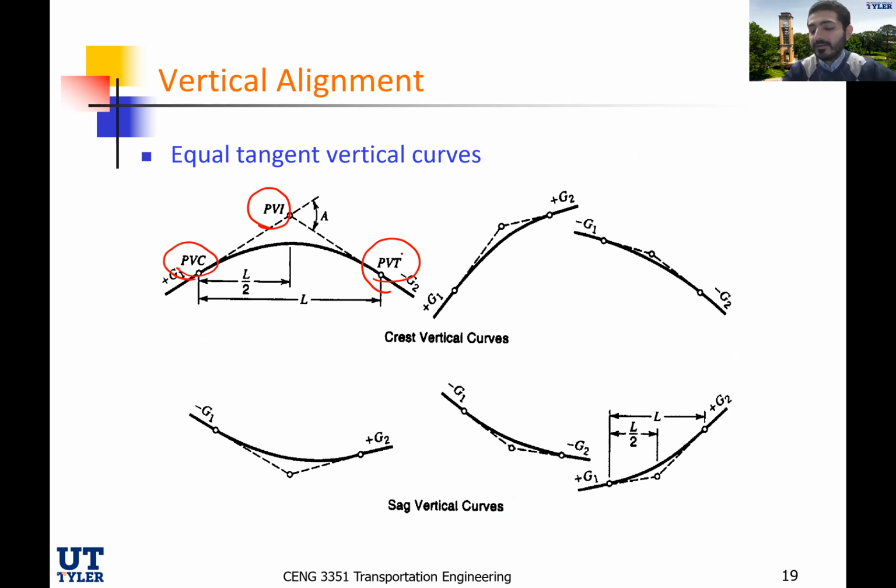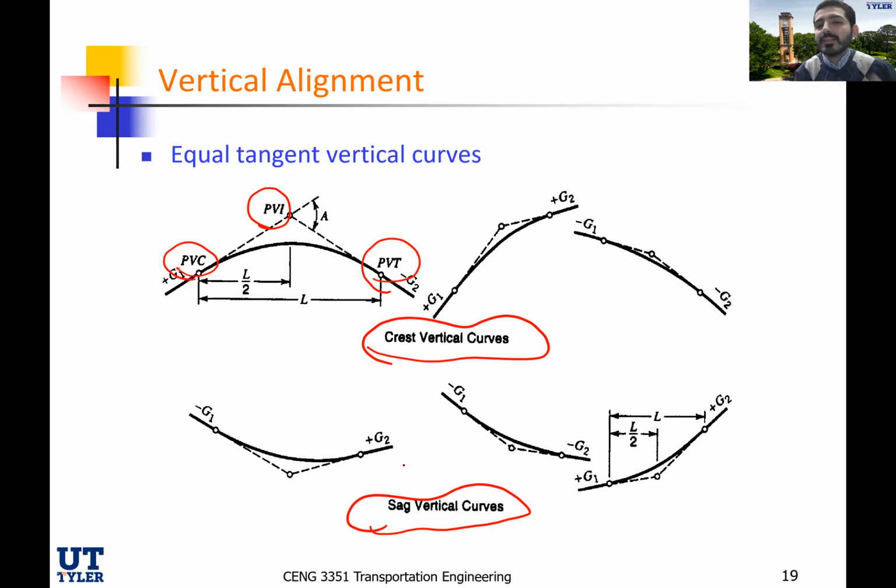Same thing, more or less, here you're going to draw the problem. It makes it much easier and more visual before you start crunching the numbers. So you need to understand if it's a crest or sag vertical curve, because this is very crucial, because horizontal alignment is one set of equations.